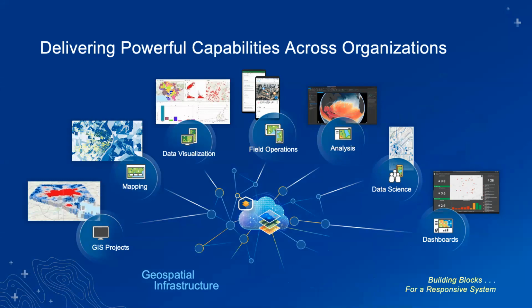We think of GIS as infrastructure as opposed to just a standalone system, something that can support an organization or a mission from the individual all the way through the organization.